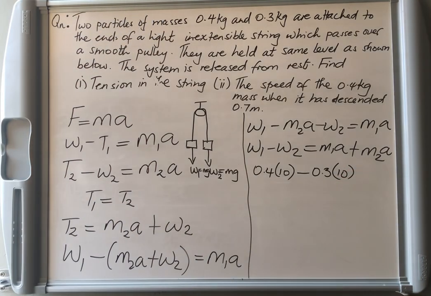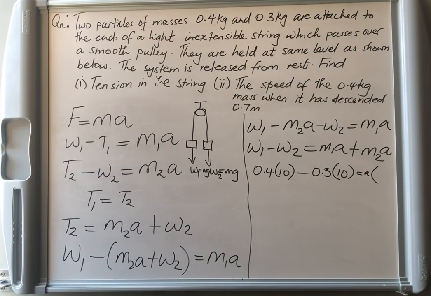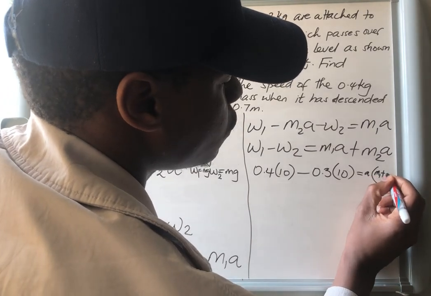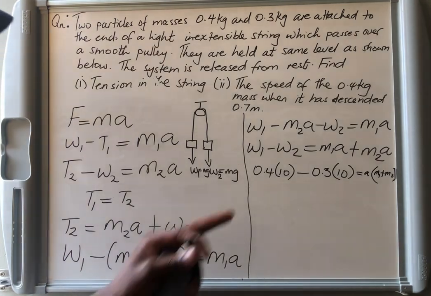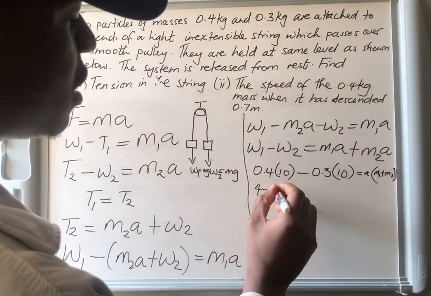That's 10. Like this. And this is going to be equal to, I'm going to factor out a, since a is existing in both sides. So I will have m1 plus m2 in the bracket. Like this. Yeah? Right. So 0.4 times 10, that's 4. Minus 0.3 times 10, that's 3.